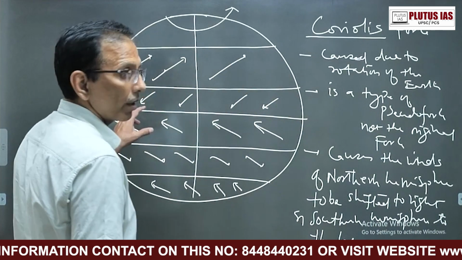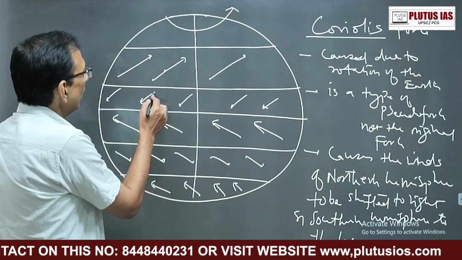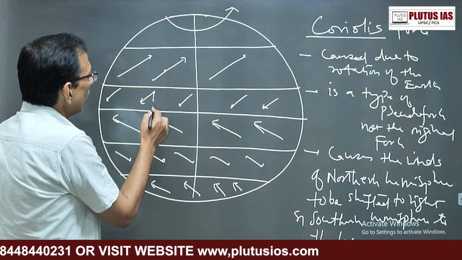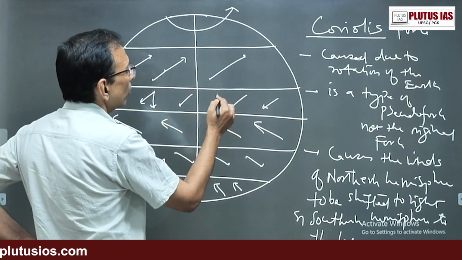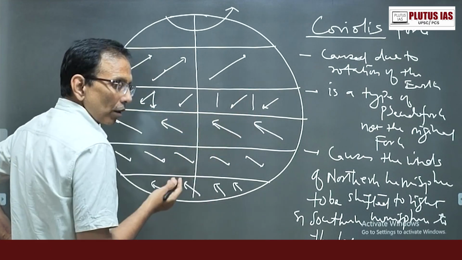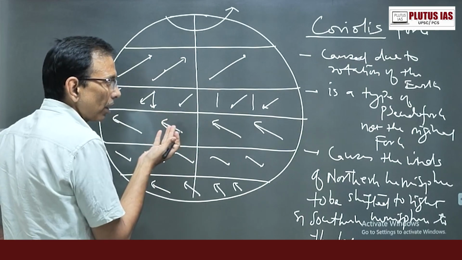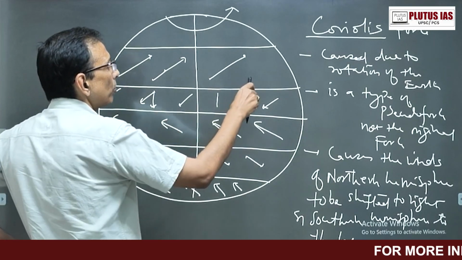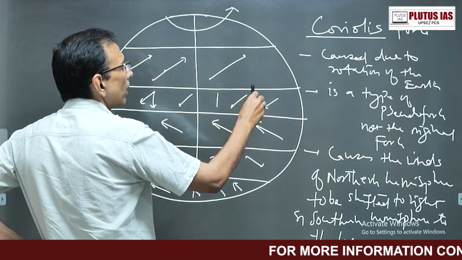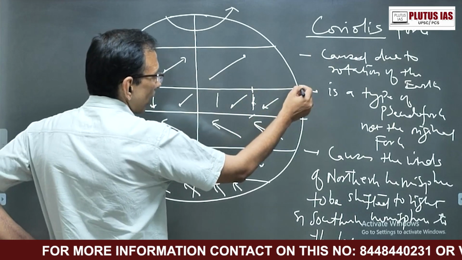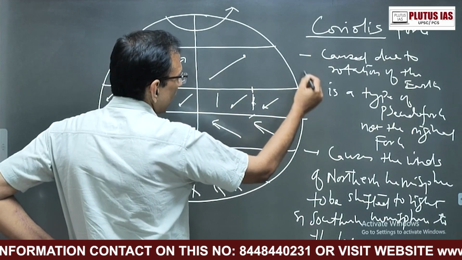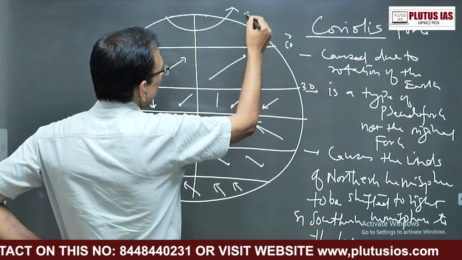Normally the winds would move straight like this, but some kind of right-handed shift is there, right? So you have to put yourself in the direction of movement of wind. Suppose this is 30 degree, this is 60 degree, this is 90 degree.